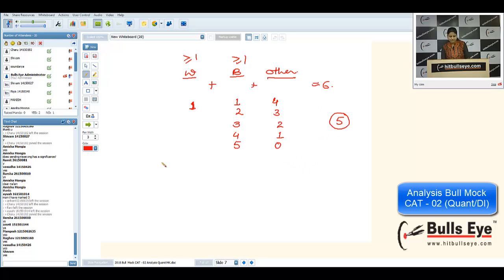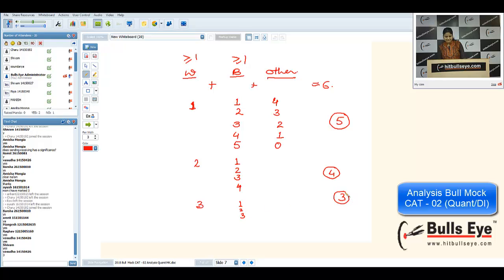5 cases. Similarly, we'll consider this for 2. I'm taking 2 white balls. To make it 6, 4 is the balance. So I'm considering this as 1, 2, 3, 4. See, I'm not interested in finding all the cases. Rather, I want to count all the cases. So how many cases are possible? 4. Now I'm considering this 3. Again, the balance is 3. So I'm considering 1, 2, 3. 3 more cases.